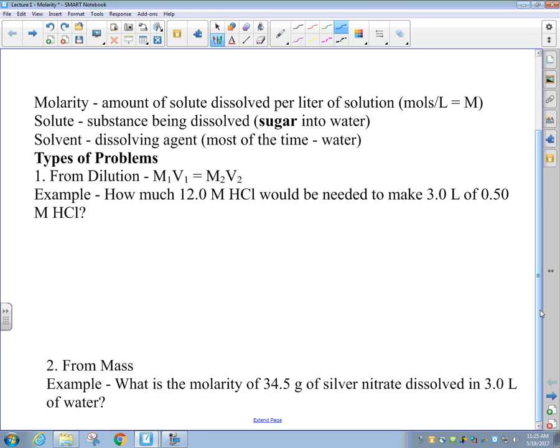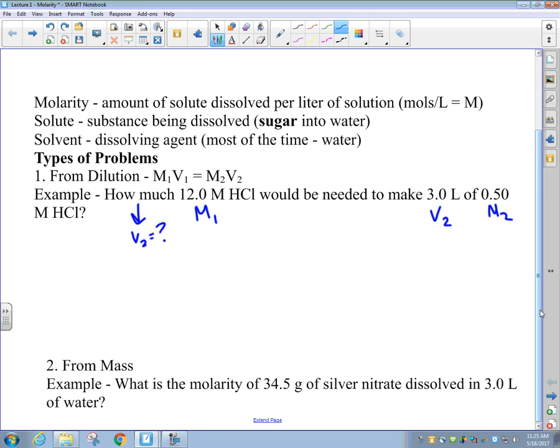Our example that we have, we're going to identify our variables. M1 will be my initial concentration, the 12.0 molar. Would be needed to make 3.0 liters. We're going to make that our V2, a 0.50 molar HCl. And so that'll be my M2. So to figure out V1, that's really ultimately what we're going to solve for here.